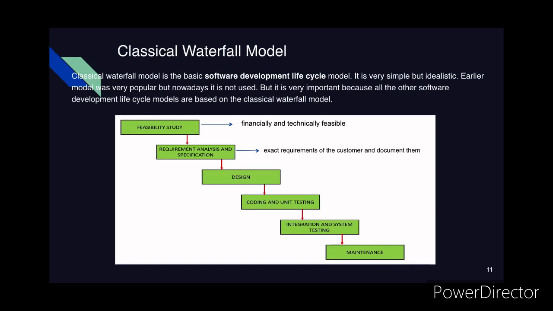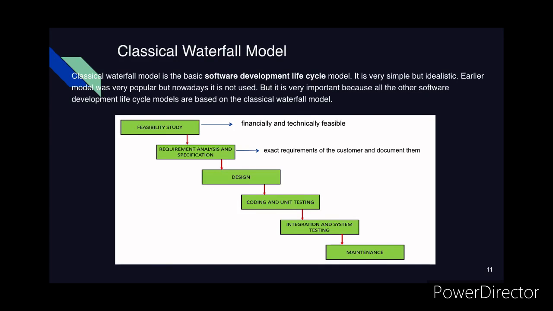Now, in the classical waterfall model, as I already said, these phases which we learned just now can only be gone through phase by phase. You cannot start from design, and while doing design you cannot go back to requirements. First you have to finish the feasibility study, then only after finishing it can you go to requirement analysis and specification.